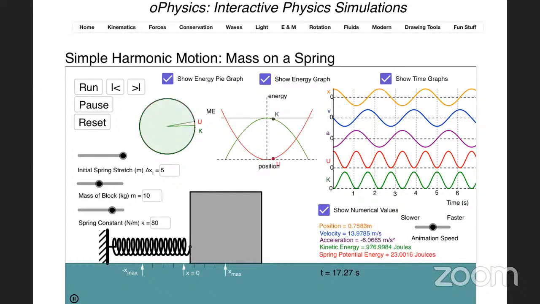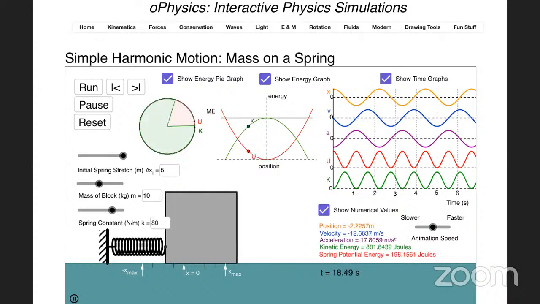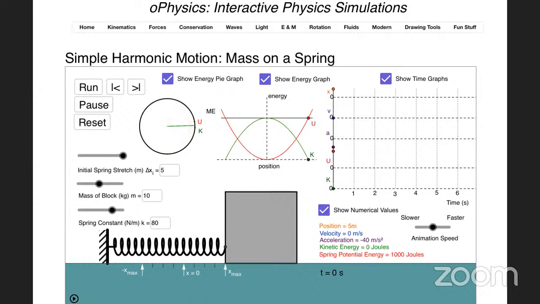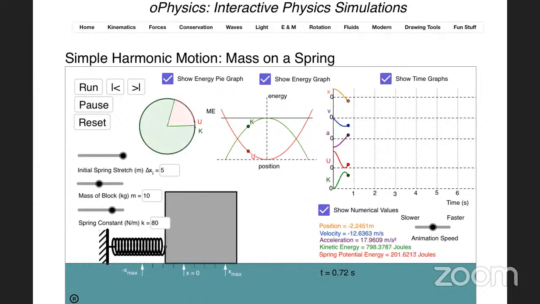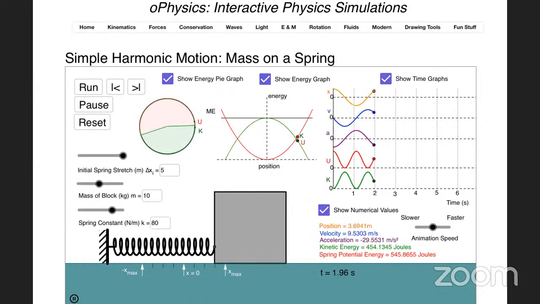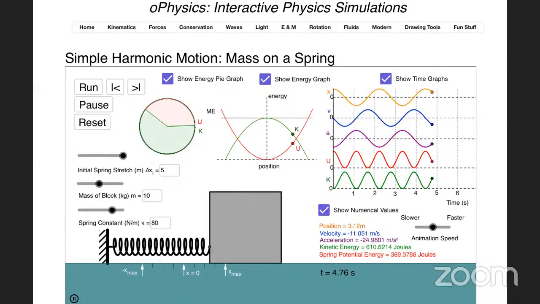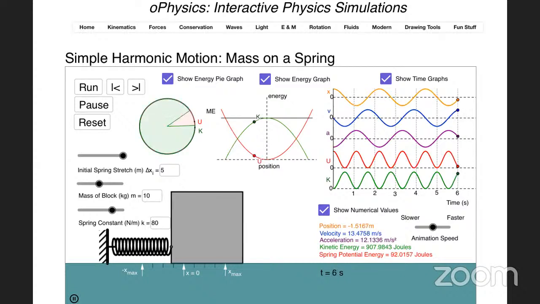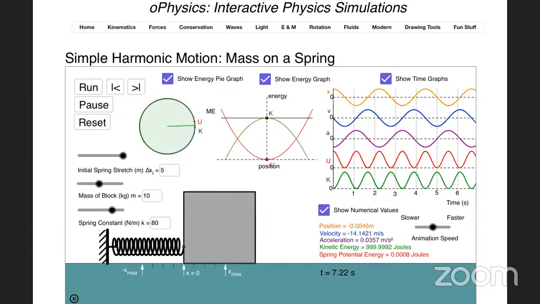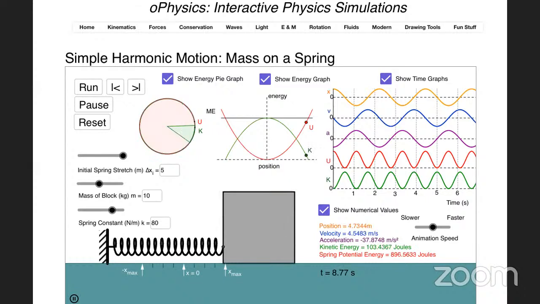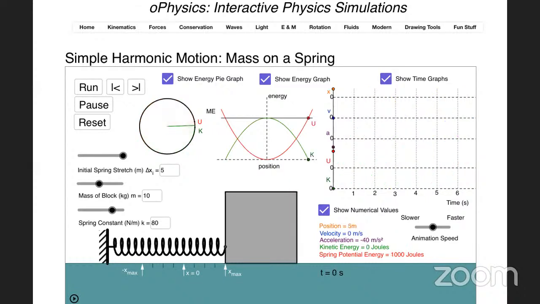I'll start over. Look at how velocity and acceleration are behaving: they are proportional but in opposite directions. Look at the purple and the yellow. I want to make sure everyone sees it.